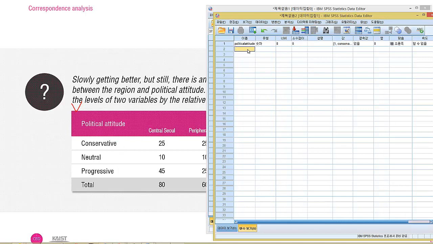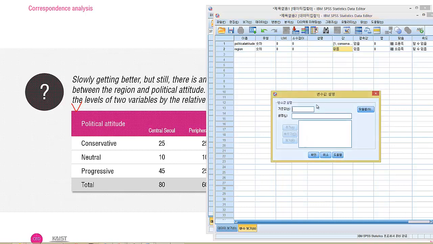And as the second variable, we create the region variable, and this also doesn't need to have decimal points. The first one can be central Seoul.